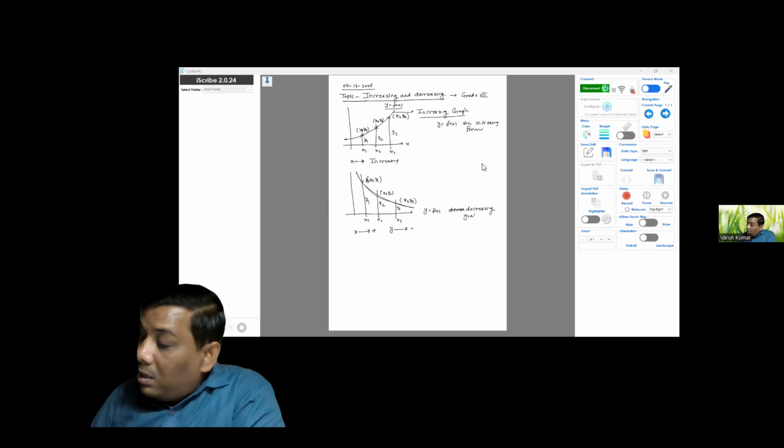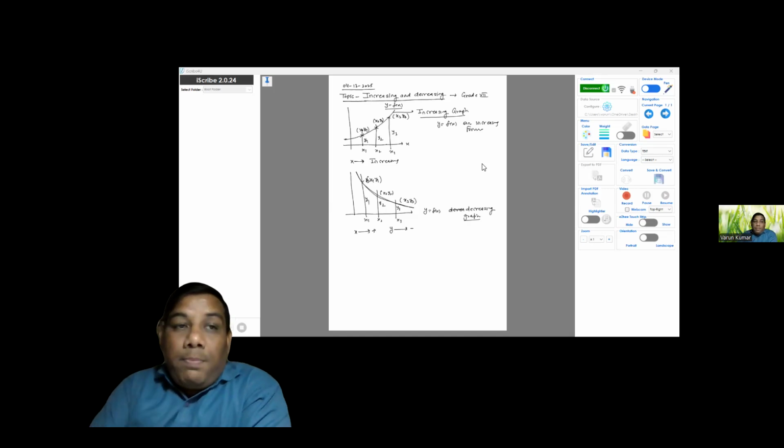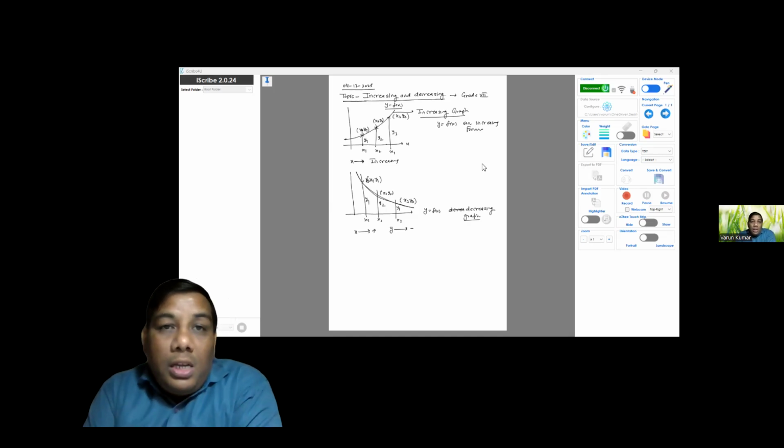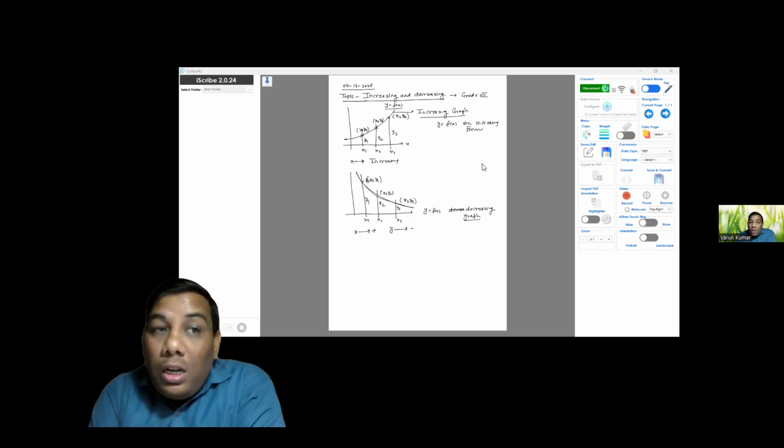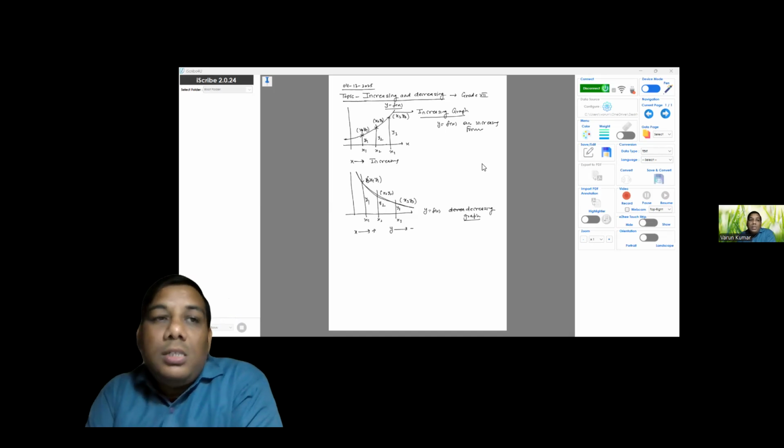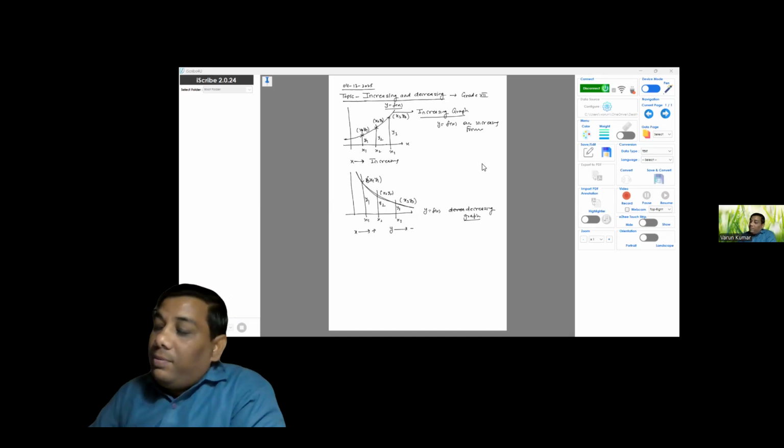If one variable is going to increase and another is going to increase, then it is an increasing graph. If one is going to increase and another variable is going to decrease, then it is the decreasing graph.